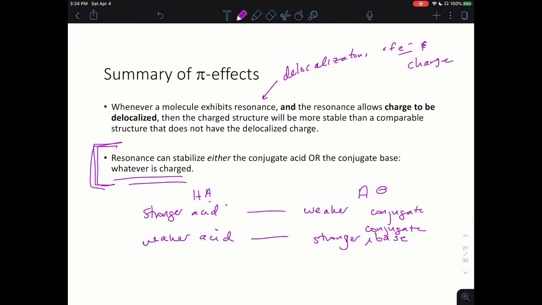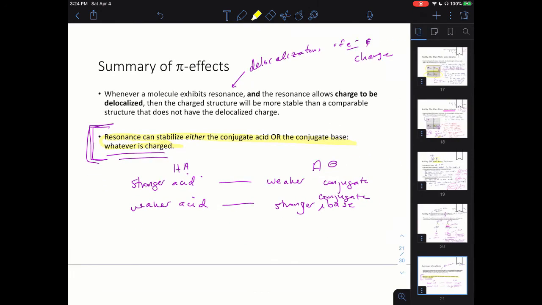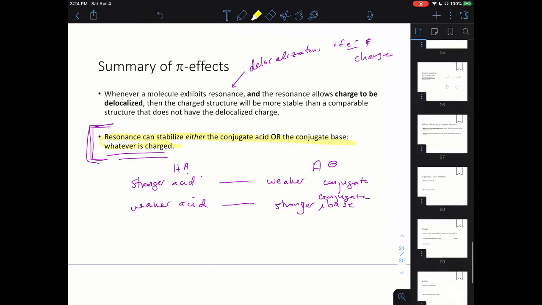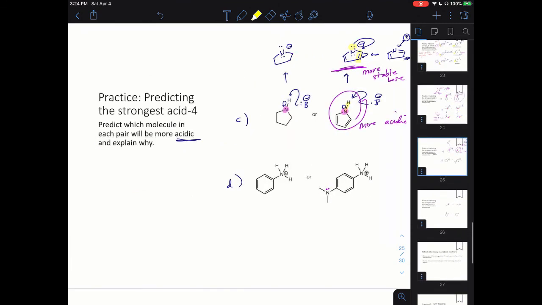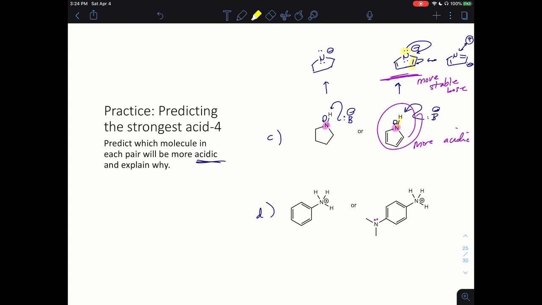I said resonance can either stabilize the acid or the base, whatever is charged. And for that charged species, it's really important that the charge be delocalized. So for this last example, the acid has the charge. So let's maybe think about the acid itself.